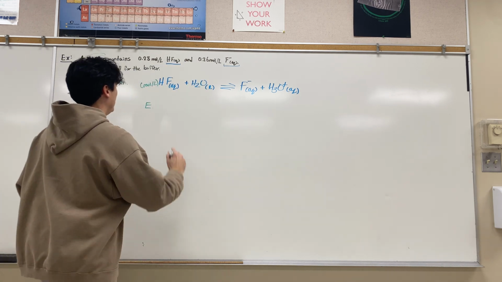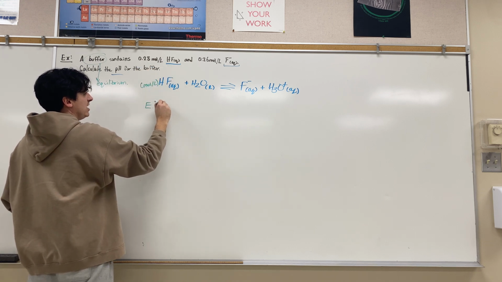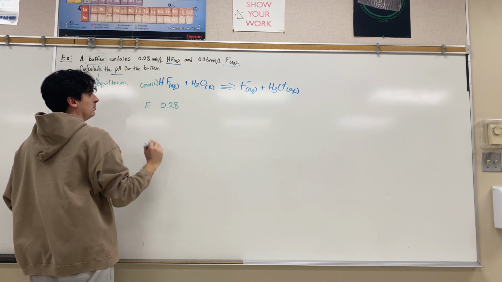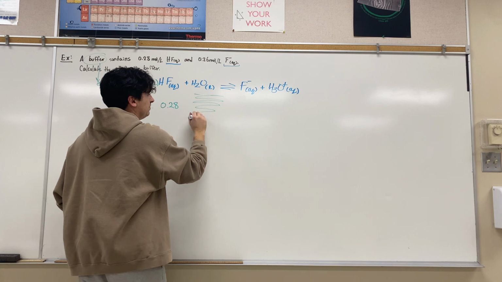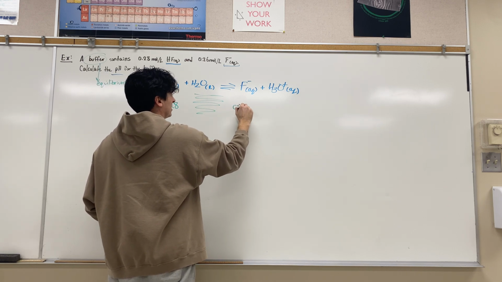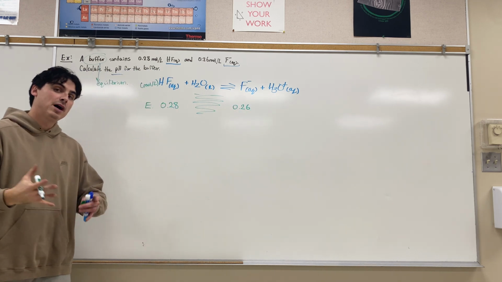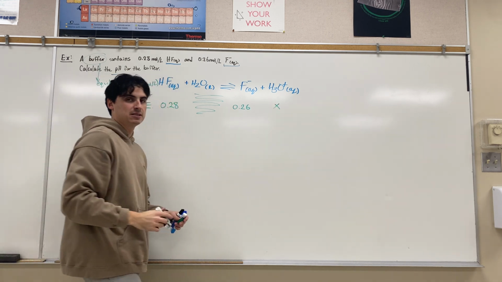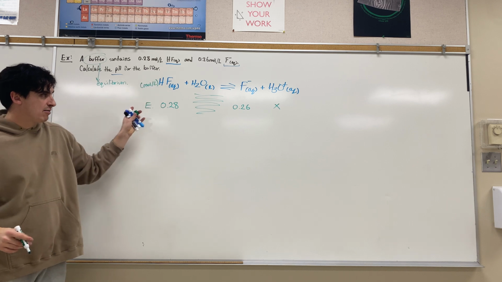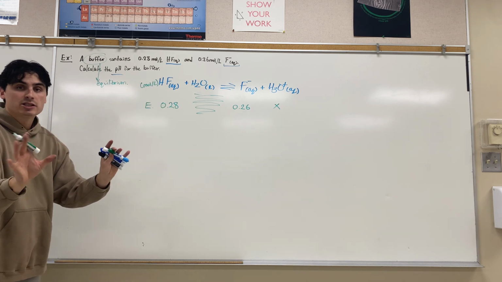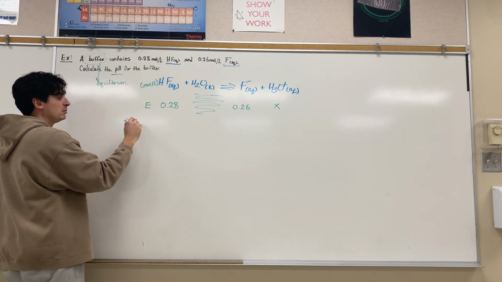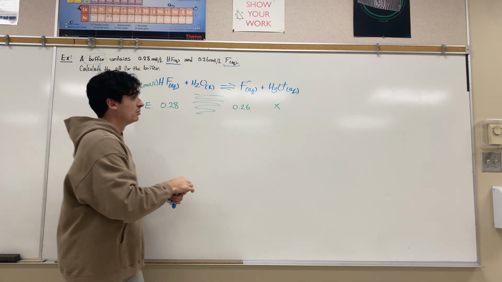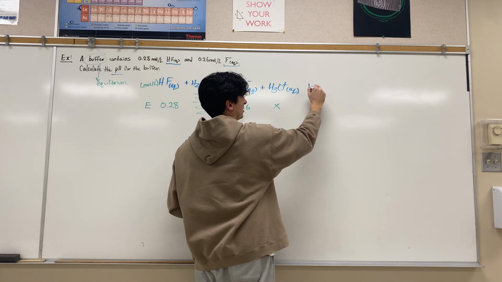Okay, now what that means is the concentration of HF at equilibrium is 0.28. Water doesn't matter. F minus is 0.26, and I don't know what H3O is, but I need it. So we're going to give it a variable, X, okay? Now, because we have our equilibrium concentrations, just like anything else, we're going to set up our equilibrium law. I forgot to do it over here, guys, but this is a Ka expression.